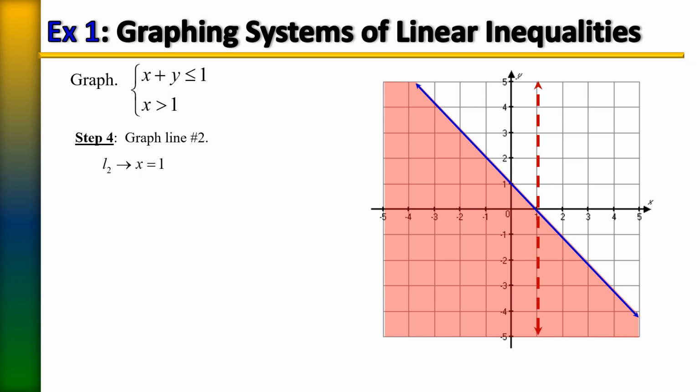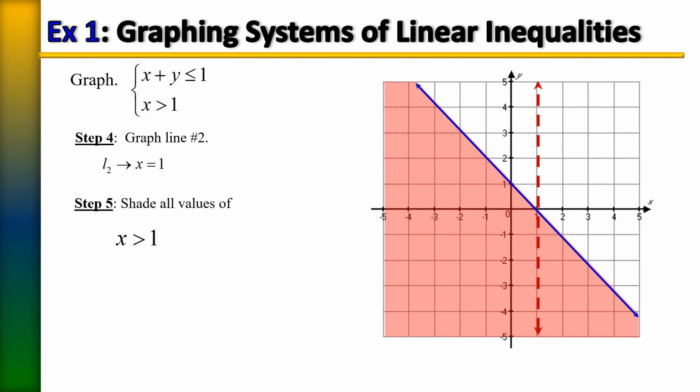And so now that I have my vertical line here, my next step is to decide, am I going to shade to the left of this vertical line, or am I going to shade to the right of the vertical line? Well, we can look at the inequality statement in the original equation here.